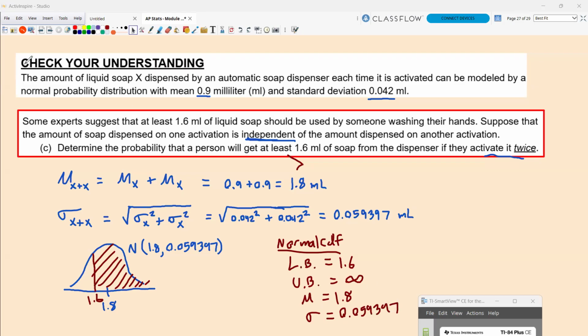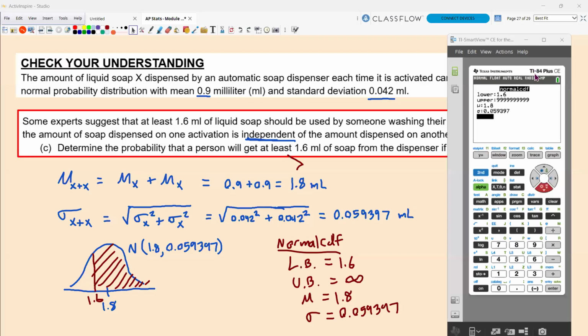Let's input that into the calculator. We have all our inputs set, so let's go ahead and press enter. And with two pumps, it looks like the probability of getting at least 1.6 milliliters of soap is very high, 0.9996. So we'll write that down.